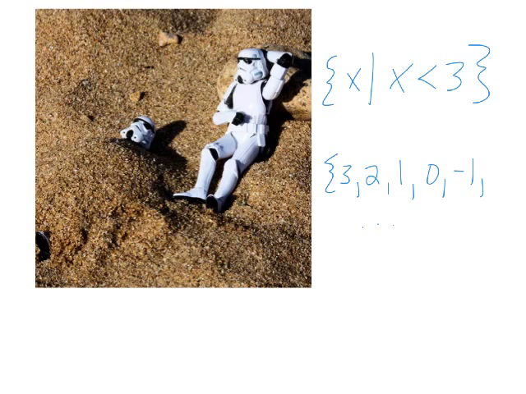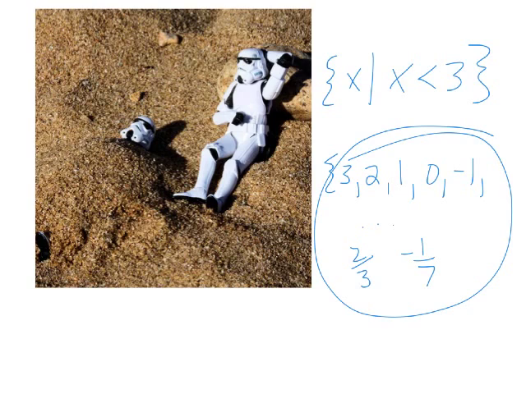Oh, I forgot about 2/3 and -1/7. And this gets a little bit cumbersome to list them all out. This set notation here is probably the cleanest way that you could list them all out, but we want to be able to express it in interval notation.